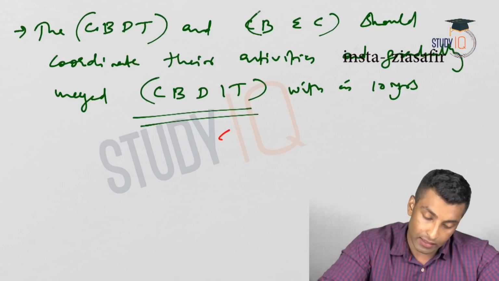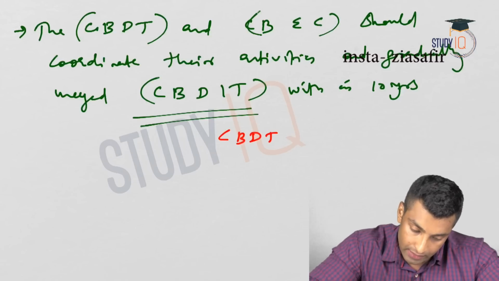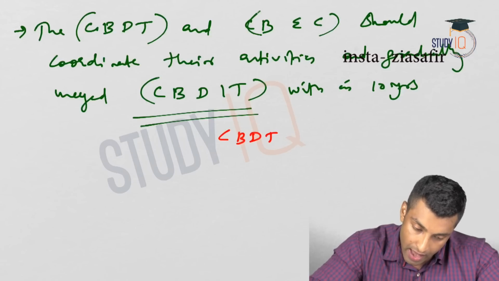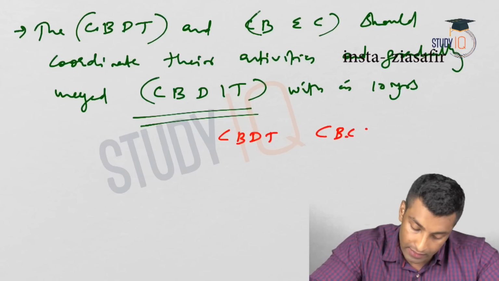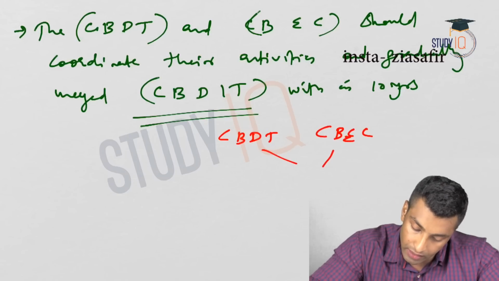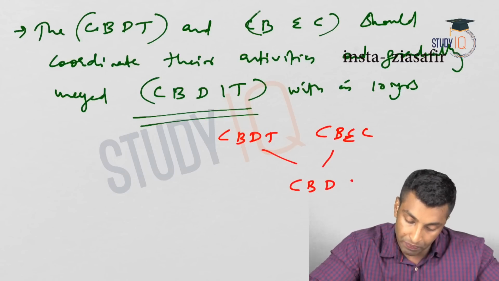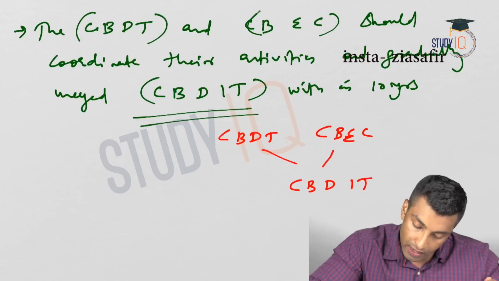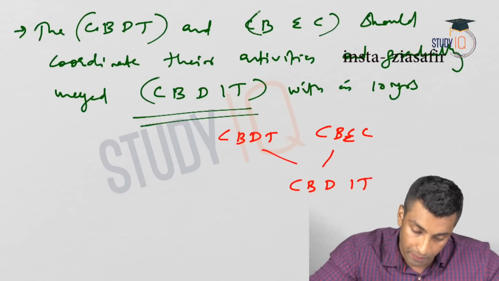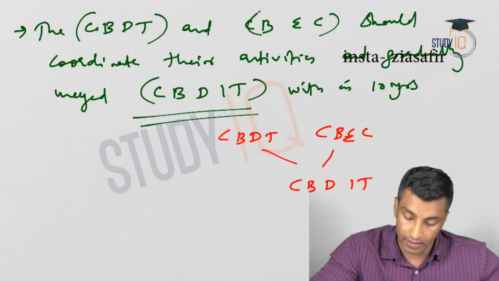So what they're saying is that the Central Board of Direct Taxes, that is CBDT, and the Central Board of Excise and Customs, that is CBEC, be merged into CBDIT, Central Board of Direct and Indirect Taxes.